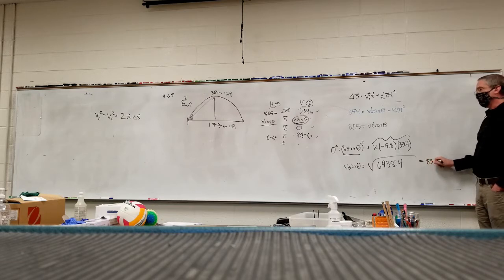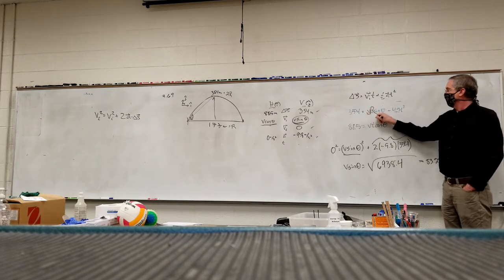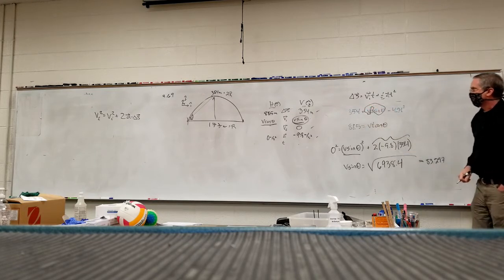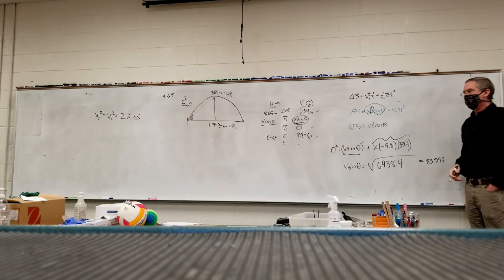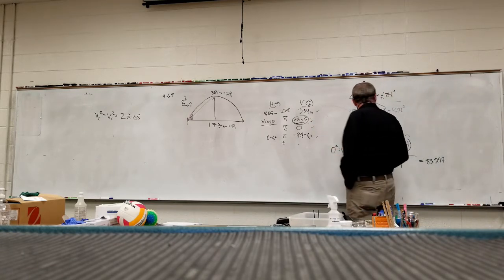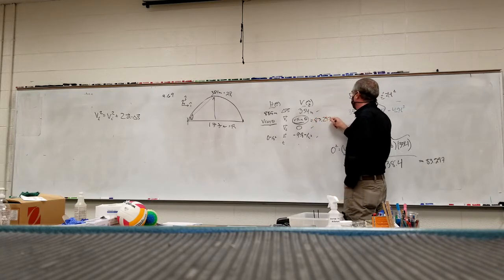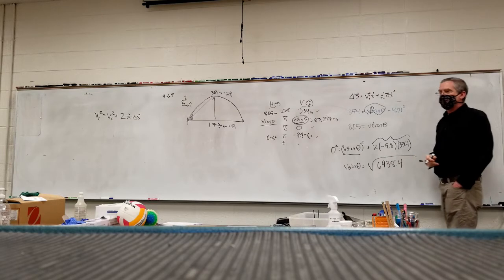83.297. All right, so we now know what v sine theta is, so we can now solve for time. We don't know what v is, we don't know what theta is, but we know the whole thing is 83.297 meters per second, unless there's an error somewhere.